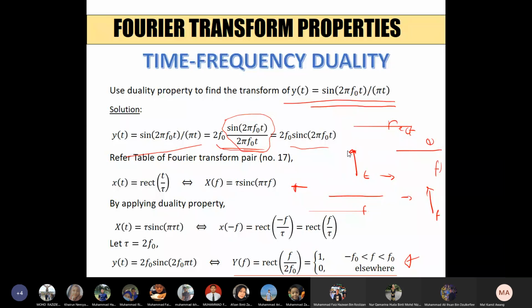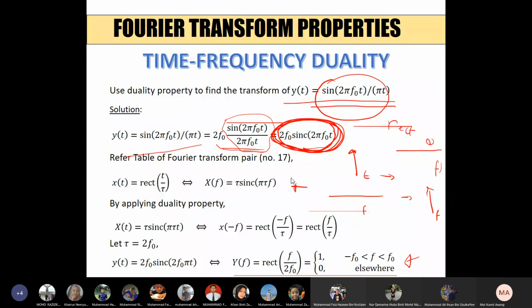So this example is given a sine function, which is actually a sinc function. A sinc function in time domain will give you a rectangular function in frequency domain, and a rectangular in time domain will give you a sinc function in frequency domain.